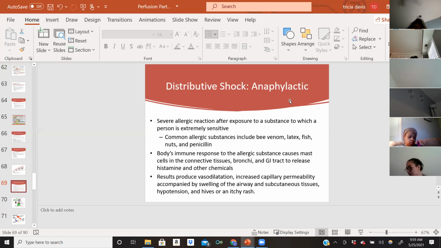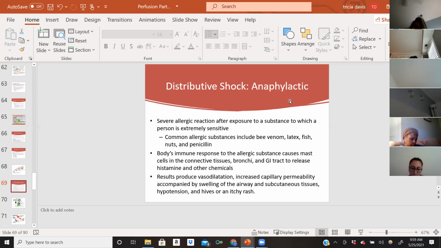Our body's immune response to an allergic substance that it meets causes the mast cells that are located in our connective tissues, our bronchi, our GI tract. They're going to start to release histamines and other chemicals. When the histamine and these other chemicals are released, it's going to produce vasodilation. We know what happens with vasodilation.